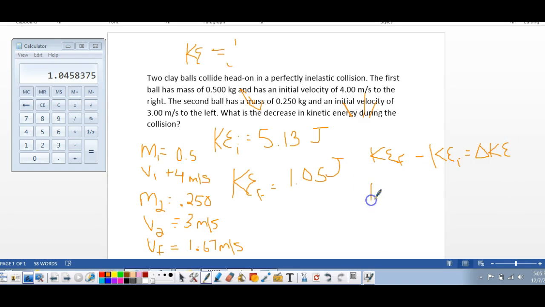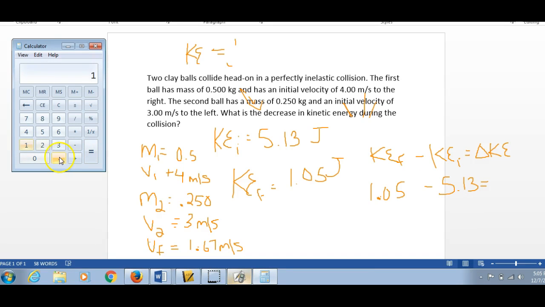So final is 1.05 minus 5.13, and that gives us 4.08 joules. That's how much you lost.